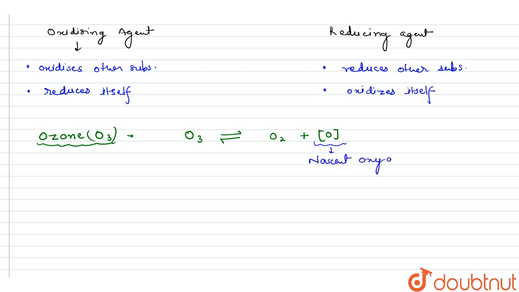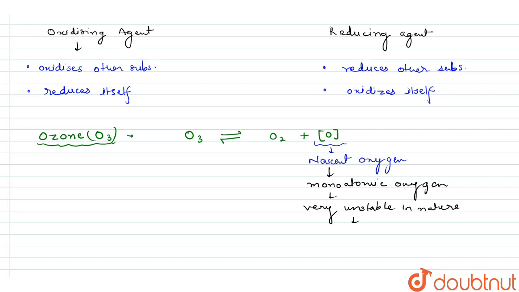This nascent oxygen is a monoatomic form of oxygen, and it is very unstable in nature, which makes it highly reactive.